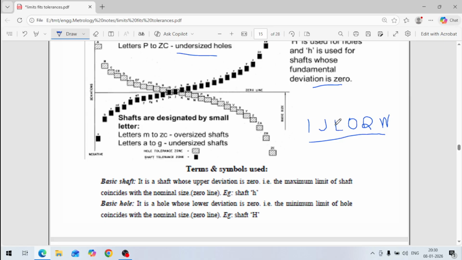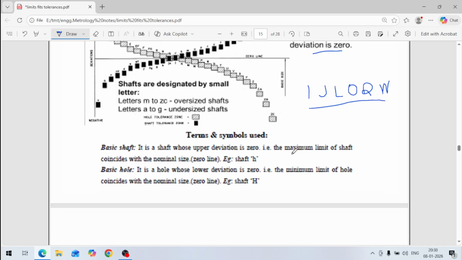L is not taken because it is sometimes used as an angle symbol, and O is confusing with 0. Q is also not taken like that, and W, if it is reversed, it may be M. So these letters are not included, and other included are ZA, ZB, ZC. Then total fundamental deviations are 25 for holes and 25 for shafts.